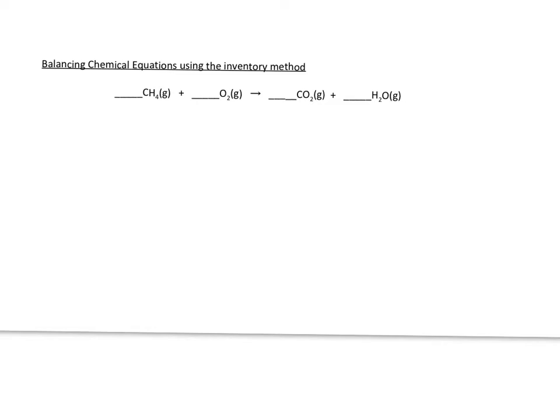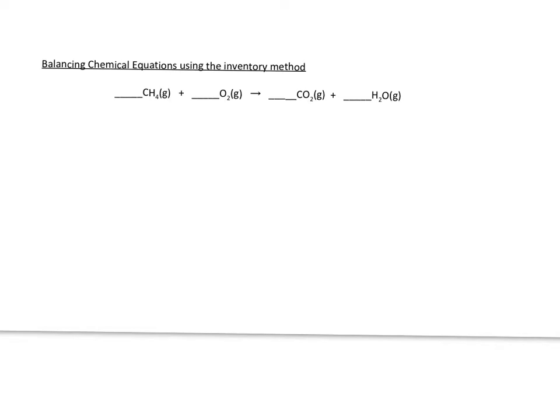Okay, now the goal to what we're doing here is to make the number of atoms of each element the same on the product side and the reactant side. So we cannot create or destroy atoms. That means the number of carbons that we start with must be the carbons that we end with, and so on for the hydrogen and the oxygen.